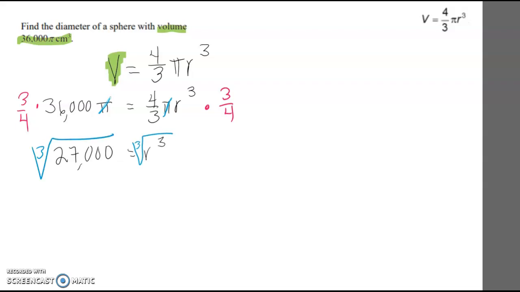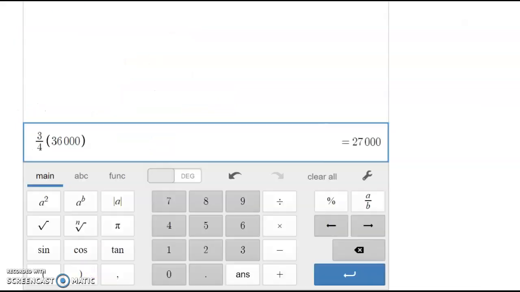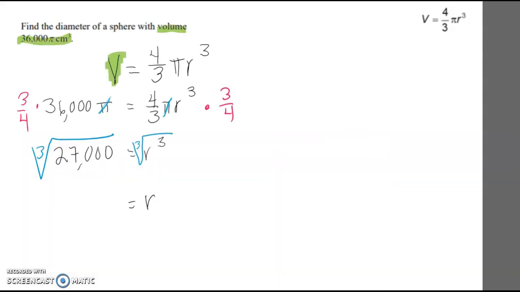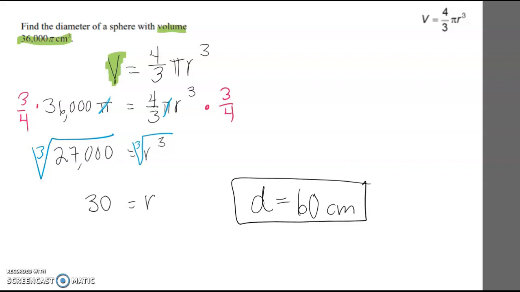So we are going to find the cube root of 27,000. So the cube root of 27,000 is 30. So my radius is 30. I want to find my diameter, so I just double it. 30 plus 30, or 30 times 2 gives me 60 centimeters.